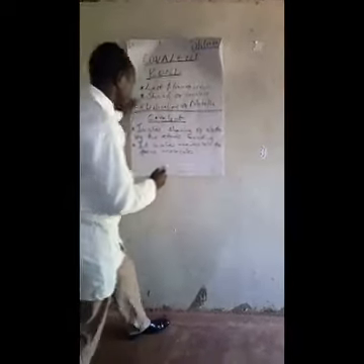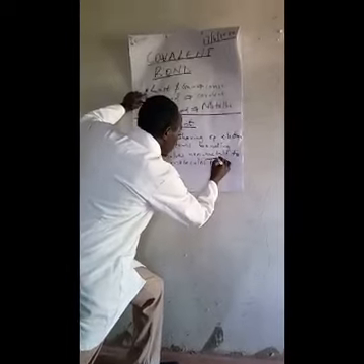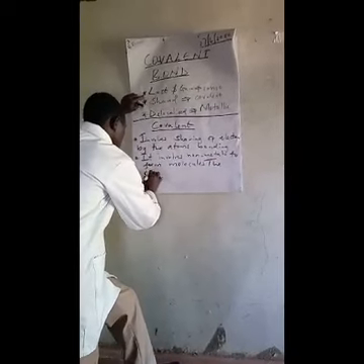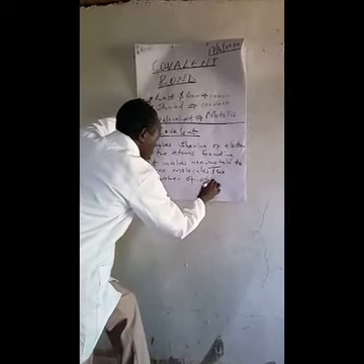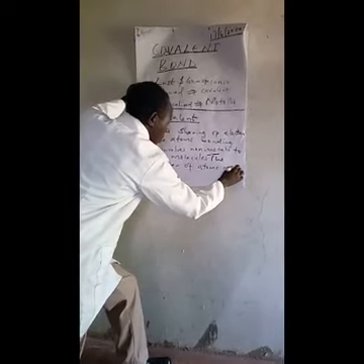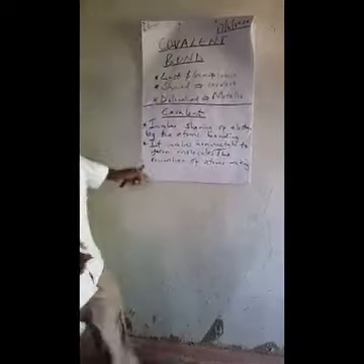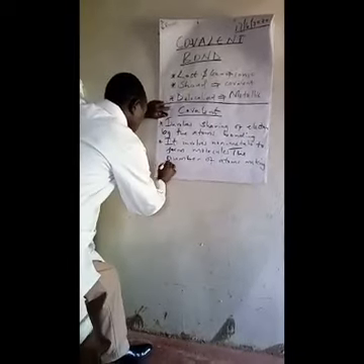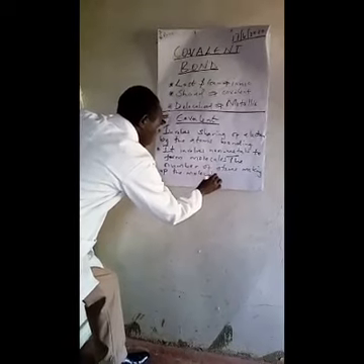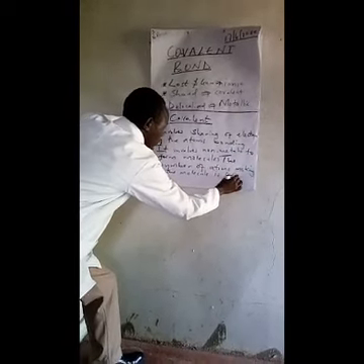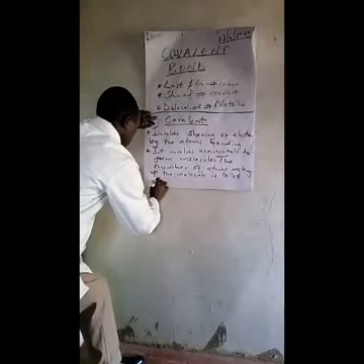So the number of atoms making up the molecule is called atomicity.